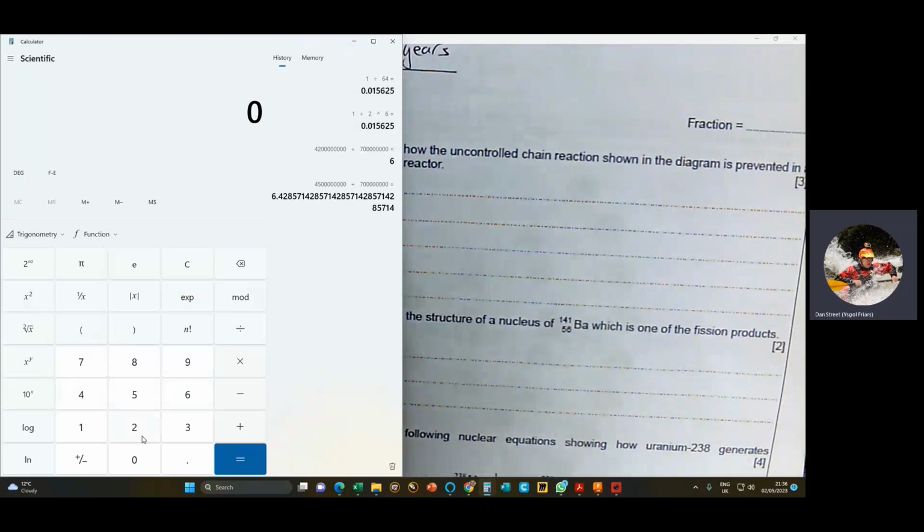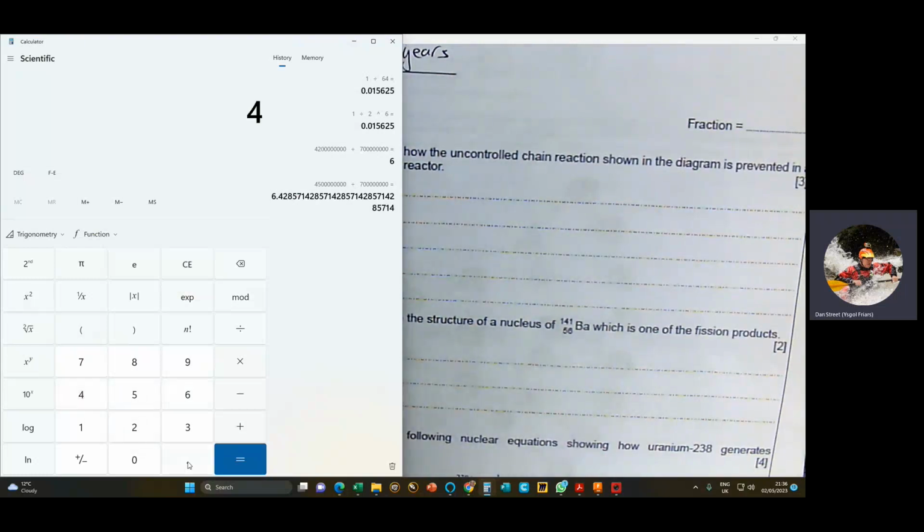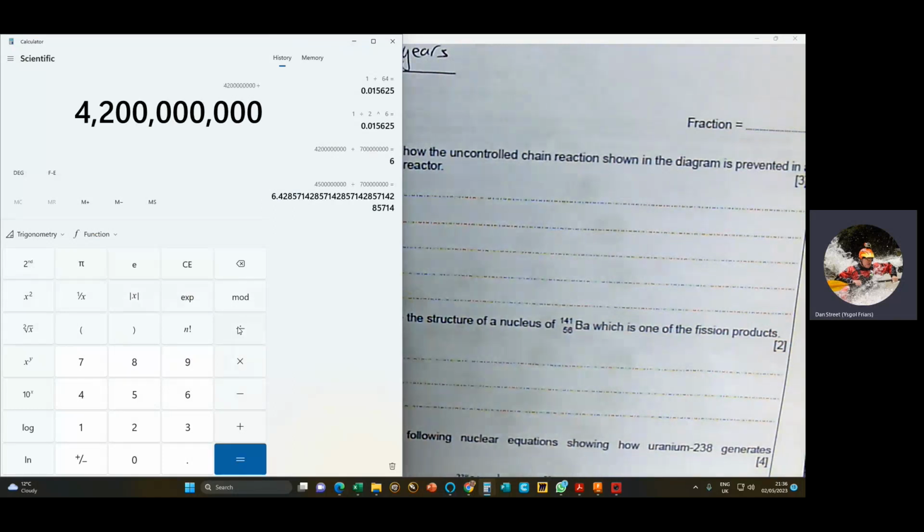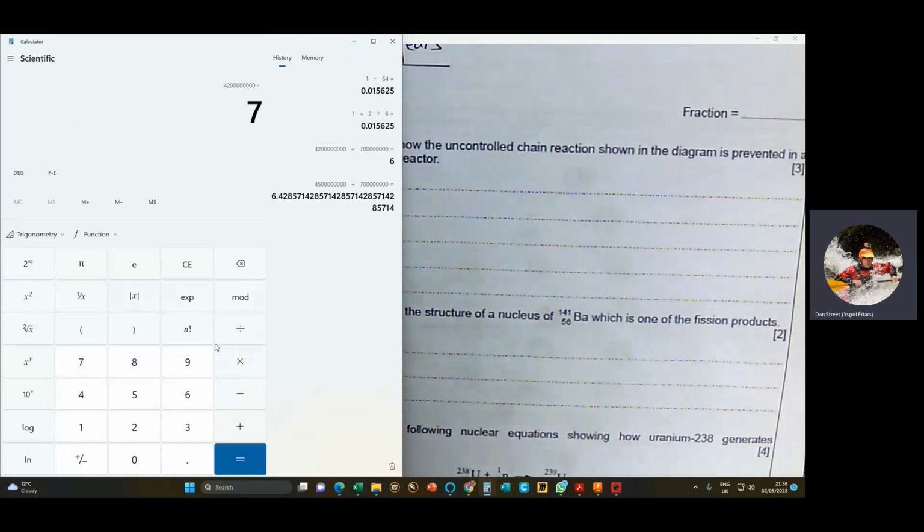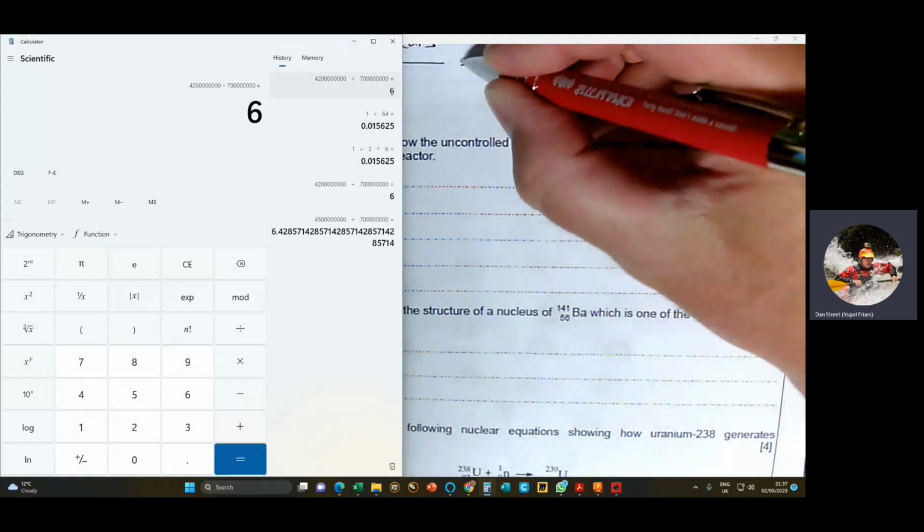So if we do 4.2 times 10 to the power 9 and divide that by 7 times 10 to the power 8, then we get 6. So that's 6 half-lives.